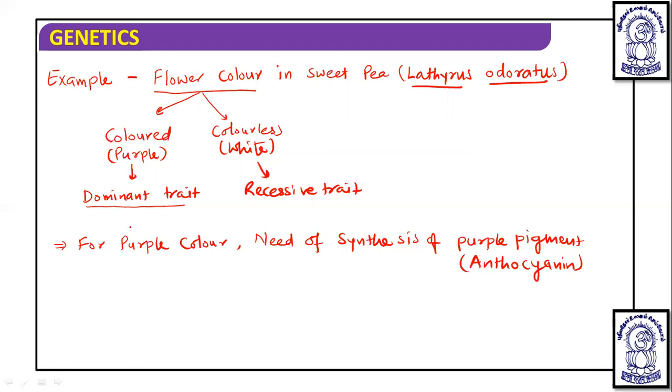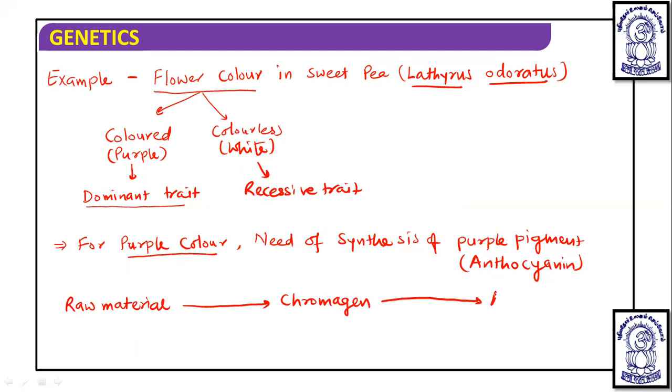For the synthesis of anthocyanin pigment, initially a raw material is used. This raw material gets converted into a chromogen, and this chromogen gets converted into anthocyanin pigment.